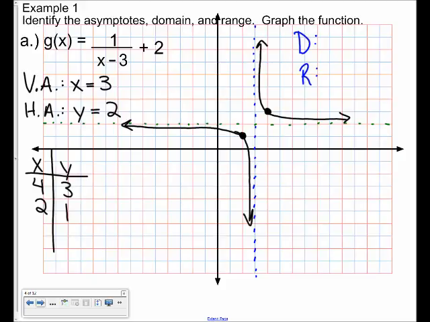So you're going to write all real numbers, remember our symbol for all real numbers, capital R, except x cannot be equal to 3. That's an asymptote. And then for the range, all real numbers, except y cannot be equal to 2. So your asymptotes are going to be your excluded values.